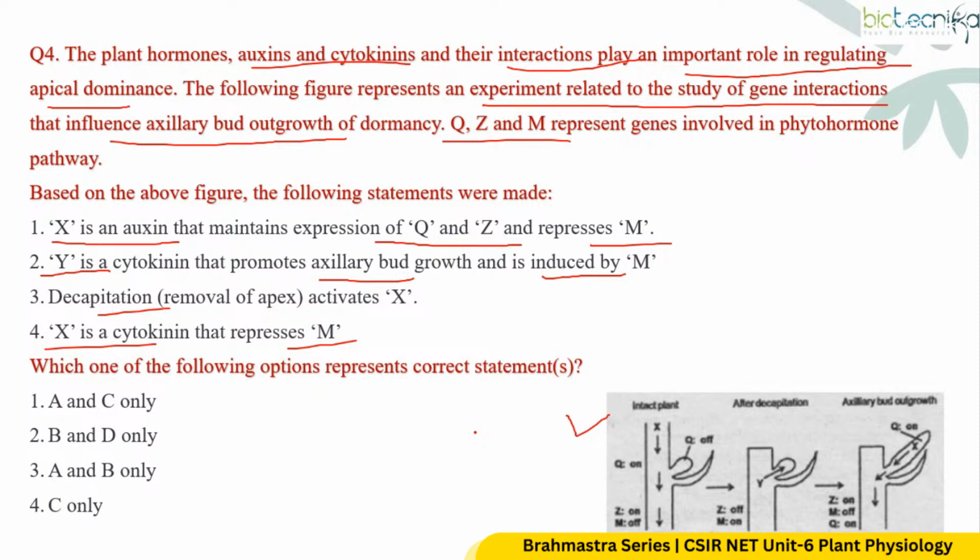First, you need to find out what Q, X, Z and M stand for. X, Y is given, Q, Z, M is given. You have to identify what they are, and then you can get to an answer.